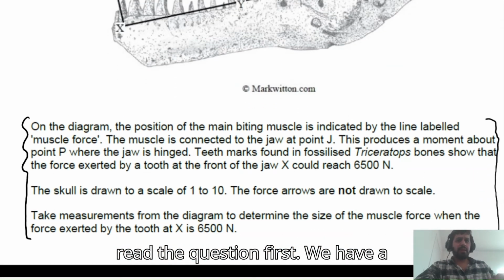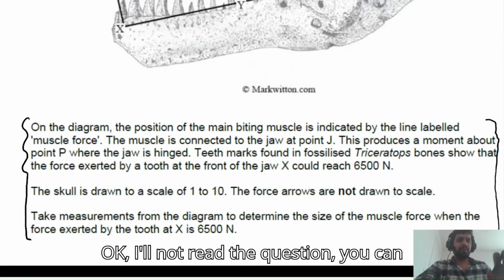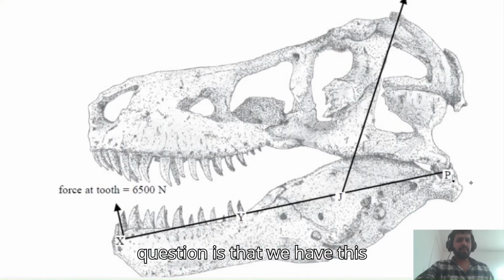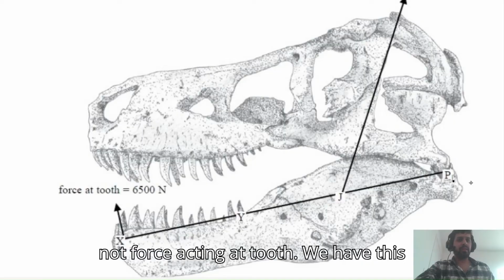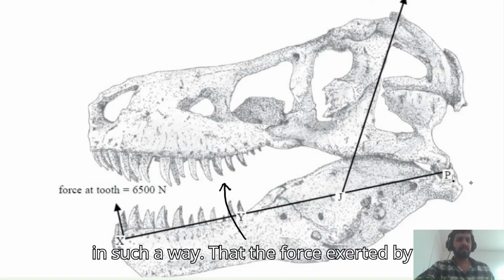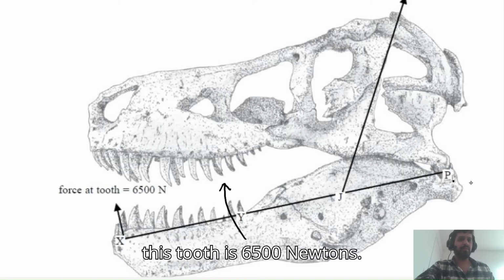I'll not read the question. You can read it, but I'll just explain. The question is that we have this force acting at the tooth, which is 6,500 newtons. We have this jaw closing in such a way that the force exerted by this tooth is 6,500 newtons.